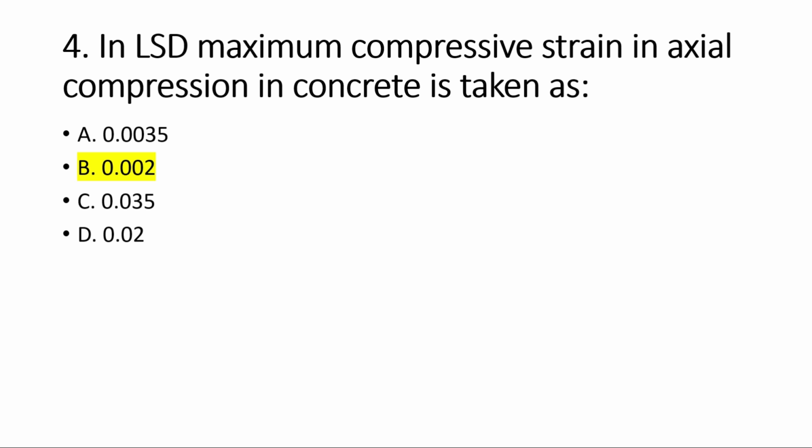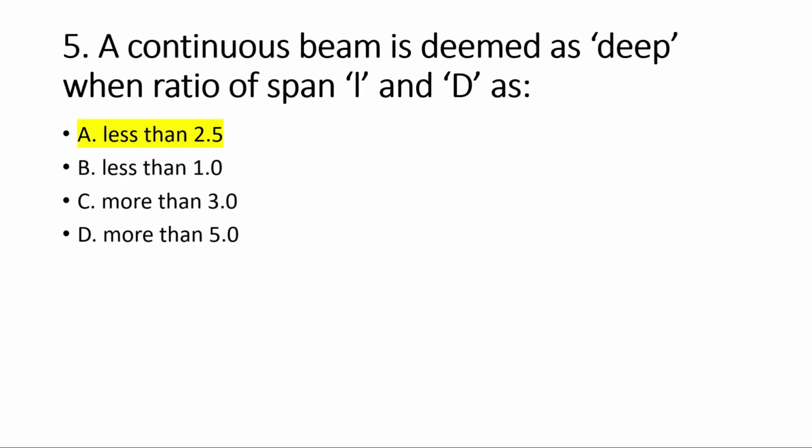So if the question asks for the maximum flexural compression, then option A is correct, 0.0035. If you have a question like the maximum compressive strain in axial compression, then the answer will be 0.002. Okay, so please make a note. For axial compression it is 0.002, and for flexural compression it is 0.0035. Okay, so move on to the next question.